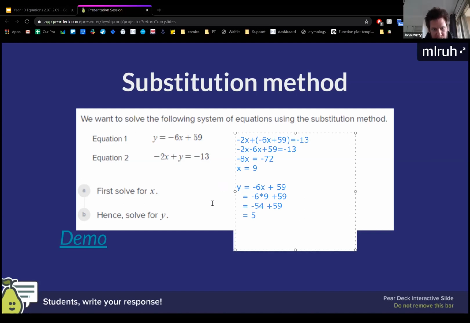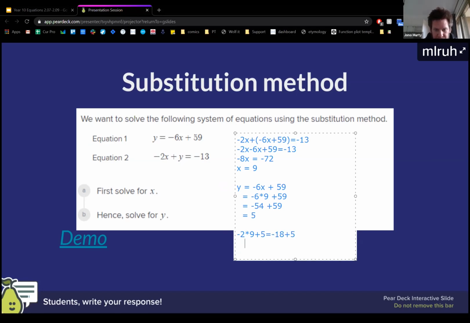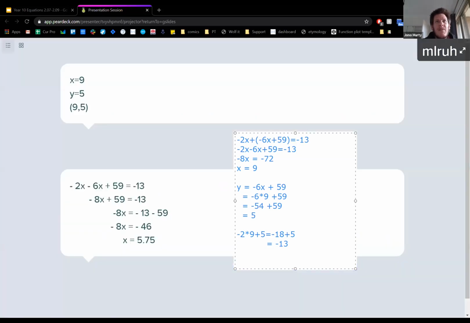Very simple check again. Minus 2 times 9 plus 5 equals minus 18 plus 5, which hopefully equals minus 13. And it does. So we have a correct answer. 9 and 5.